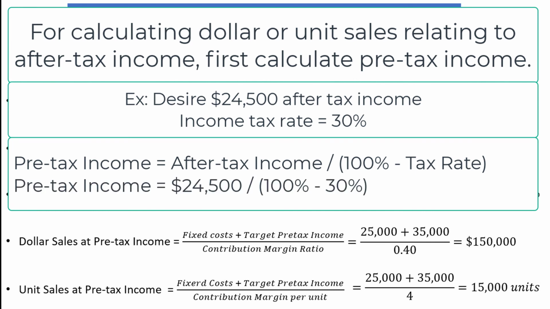So that's $24,500 divided by 100% minus 30%, or $24,500 divided by 70%. Using 0.7 as 70%, we get $35,000 as the pre-tax income associated with the $24,500 of after-tax income. Now I made this problem conveniently work out to $35,000 of pre-tax income, which is the amount we already used. You would then plug the $35,000 into the appropriate pre-tax formula to get the desired dollar sales or unit sales, which, as you see here, we've already done in the previous step.